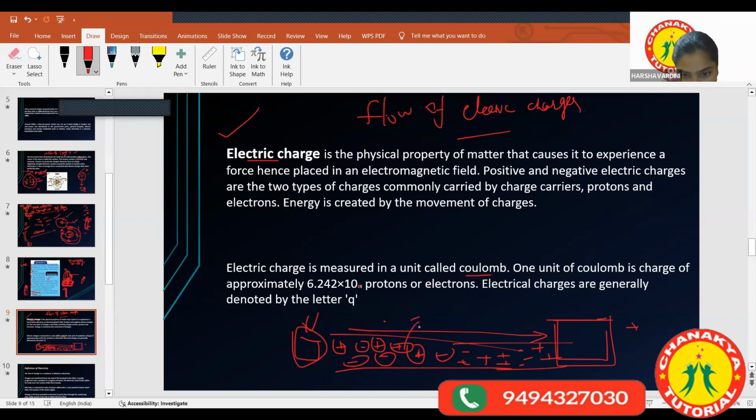Each of these is called an electric charge. And a group of electric charges flowing into the conductor forms electricity.